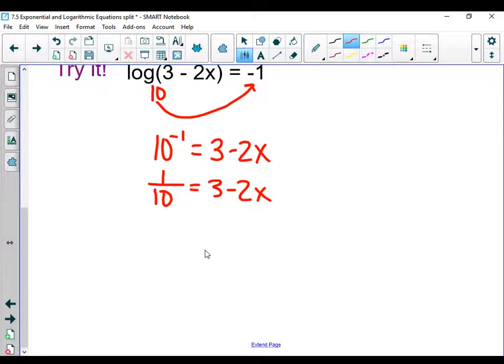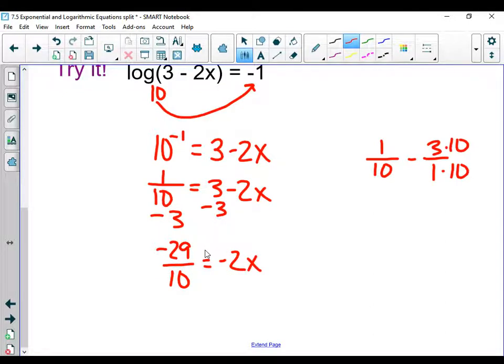So if I subtract 3, I do some side work over here. Then if I multiply by 10, I get 1 minus 30, which gets me negative 29 over 10.